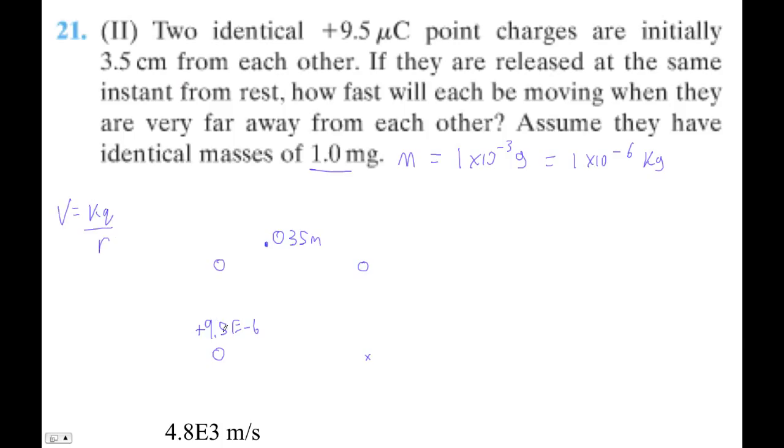So k times this divided by 0.035, times 9.5 e6 over 0.035.